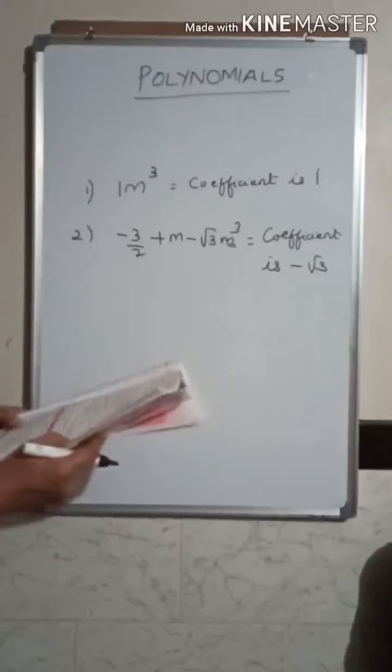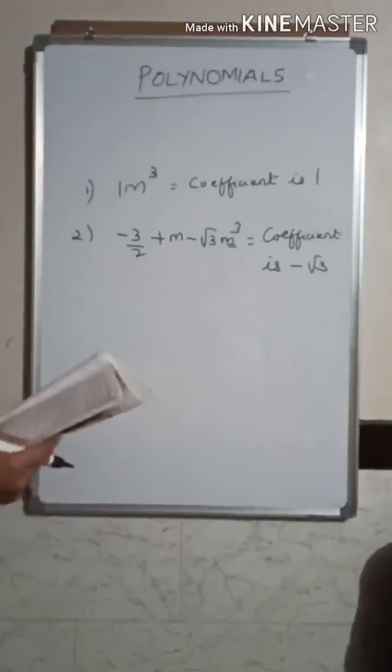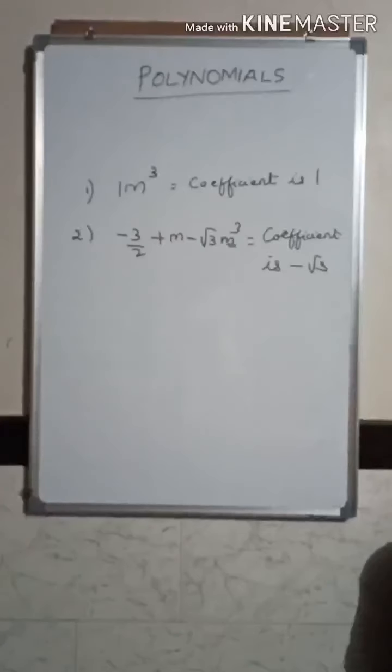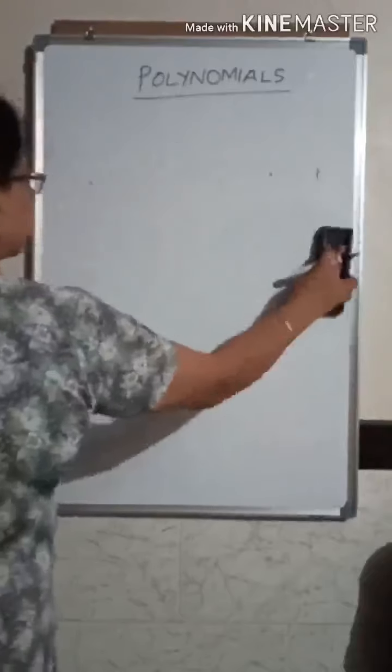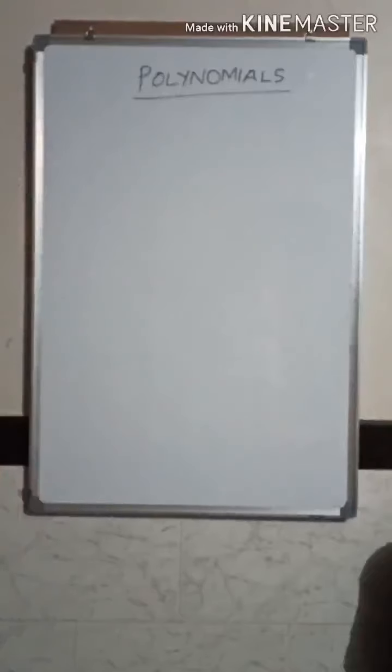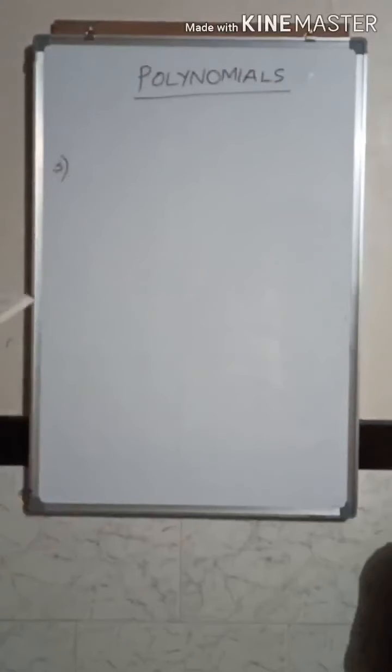Third one, write a polynomial in x using the given information. They have given some information, and using that information you have to write the polynomial using the variable x. The first one, they have told you to write a monomial with degree 7.